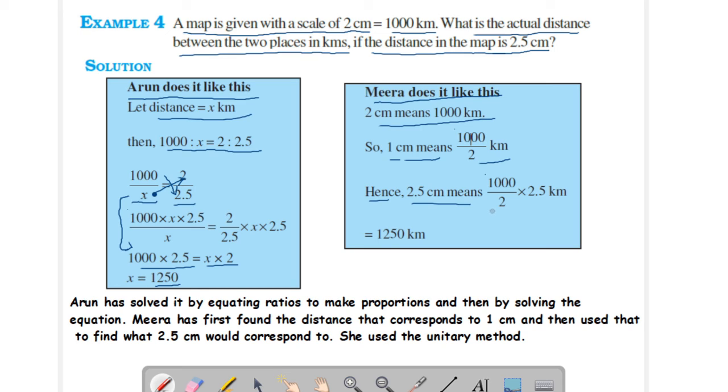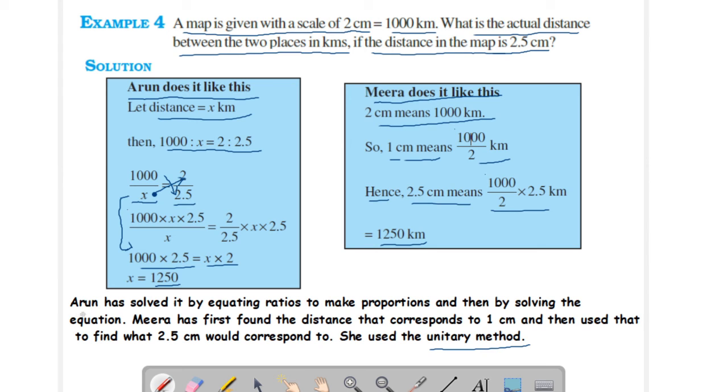And if you simplify it, you will get 1250 kilometers. In both ways, we get the same answer, that is 1250 kilometers. We can do this question any way. The second method is called the unitary method.